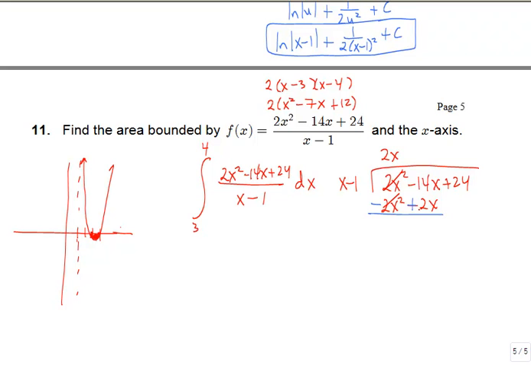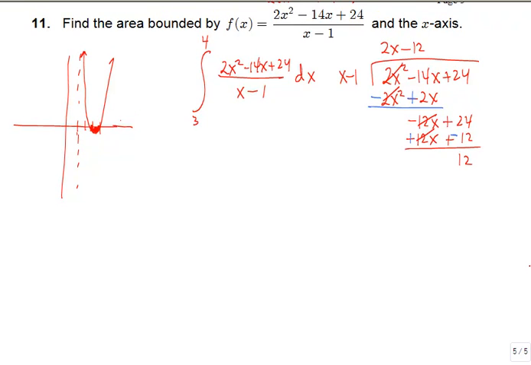Negative 14 plus 2 is negative 12x, and we bring down our 24, and we can keep going. x times negative 12 gives me negative 12x. Negative 1 times negative 12 gives me a plus 12. Then I change my signs again, so this becomes plus and this becomes minus. These cancel, and 24 minus 12 is 12.